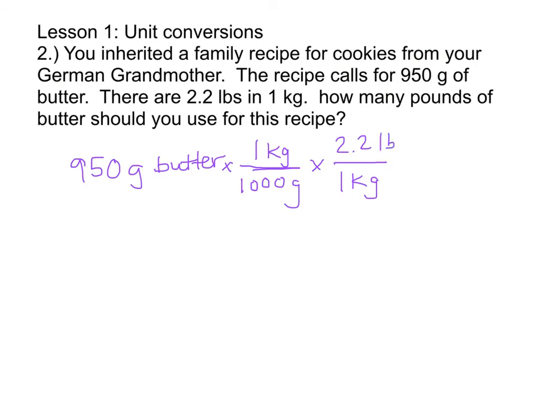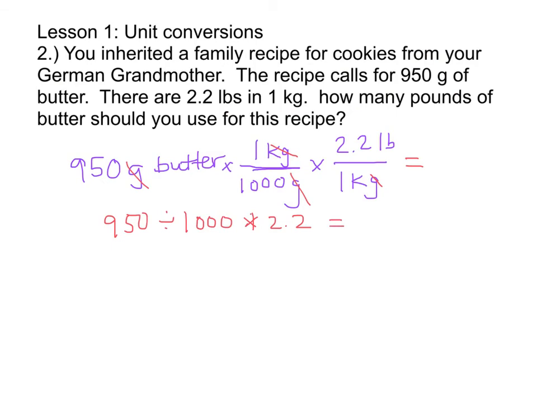Okay, so again, we can just go ahead and do this conversion. Our grams cancel out, our kilograms cancel out, and we're left in pounds. And remember, the order of operations doesn't matter, so you can simply put in your calculator 950 divided by 1,000 times 2.2.